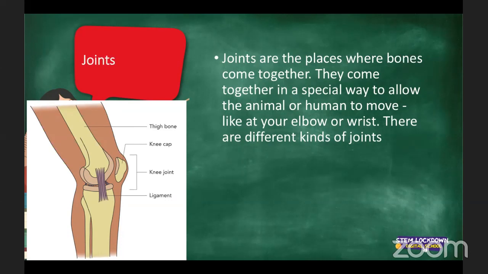Bones, joints and muscles work together. Human beings have important joints, like the knee. Another important function of the knee is to bend. It helps us to carry out our movement daily, whenever you want to move.